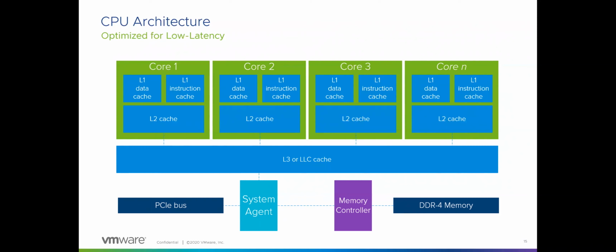So if data is not residing on level 1 or L2 cache, it'll reach out to L3 or last level cache, which is a caching layer that spans all the cores in the CPU package. In the end, if data isn't even there, it'll reach out to the system agent, memory controller, and to the global system memory. That is obviously the slowest way of getting data from a memory perspective.